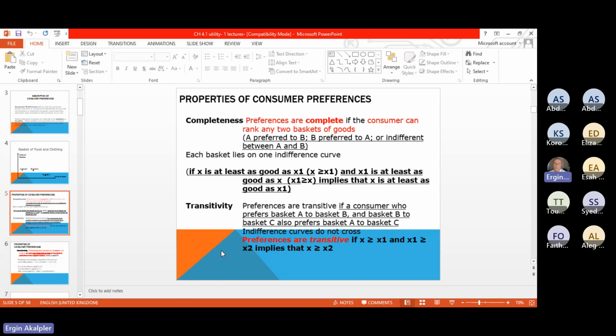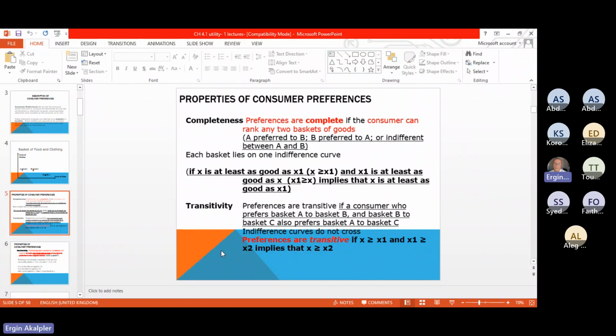Properties of consumer preferences. The first one is completeness. Completeness means preferences are complete. The consumer can rank any two baskets of goods: A preferred to B, B preferred to A, or indifferent between A and B. Each basket lies on one indifference curve.